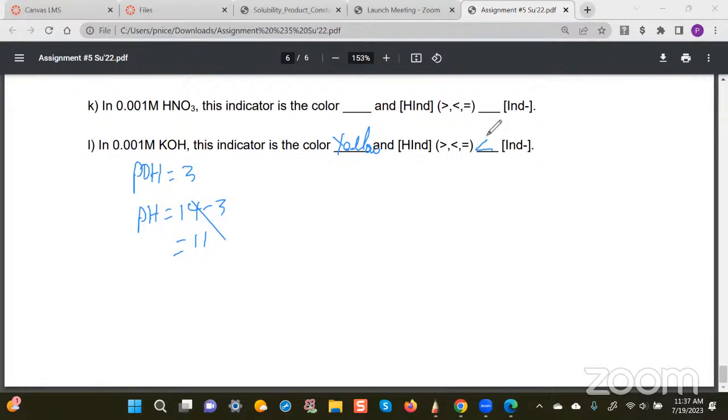Make sure you complete this and turn it in. Today's Wednesday. I would say turn it in by tomorrow. So let me, before I forget, open up a Dropbox for that assignment. This assignment is assignment 5.